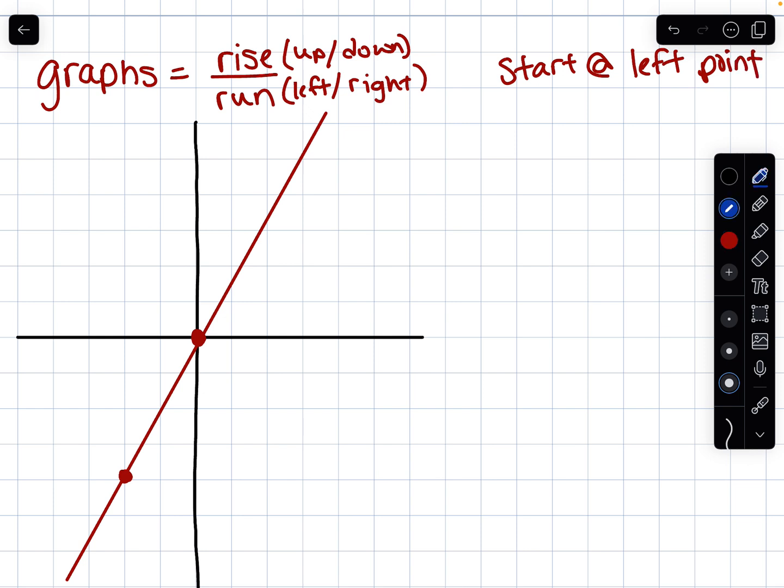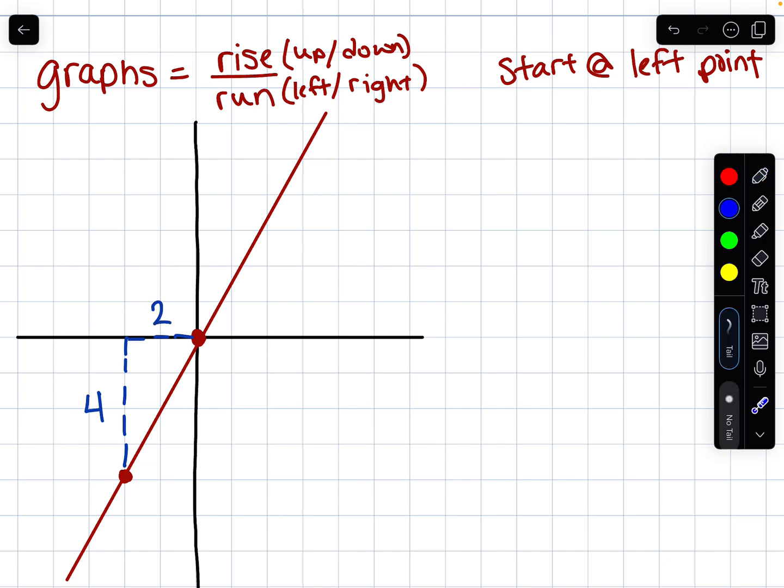So if I'm at this left point, would I count up or down to get even with the point that's on the right? Up, how many? How far is that? From this point, 1, 2, 3, 4. Okay? So that means I went up 4. And then how far to the right would I have to count? Over 2.